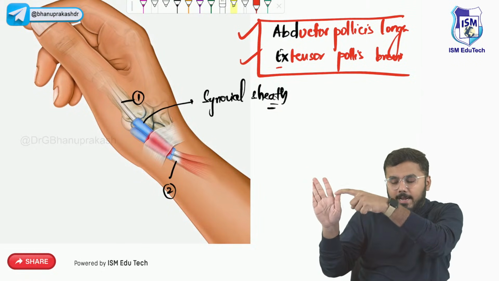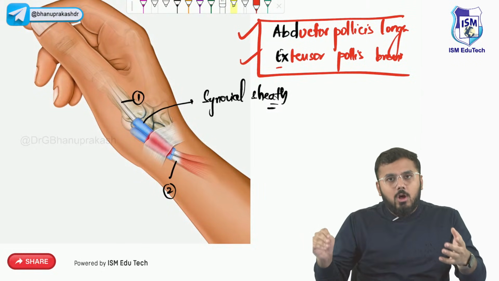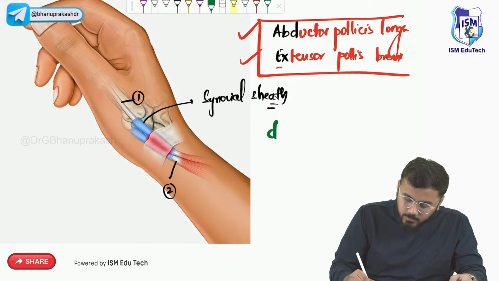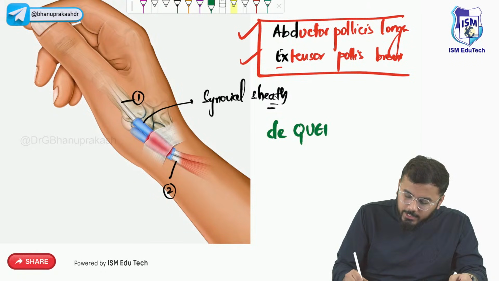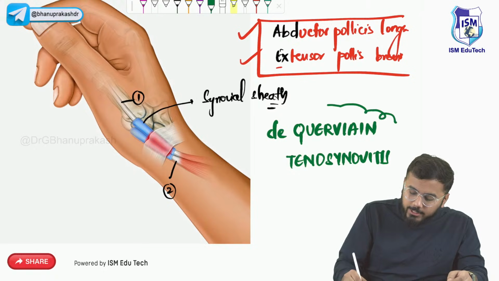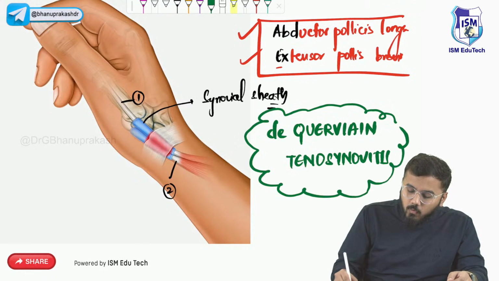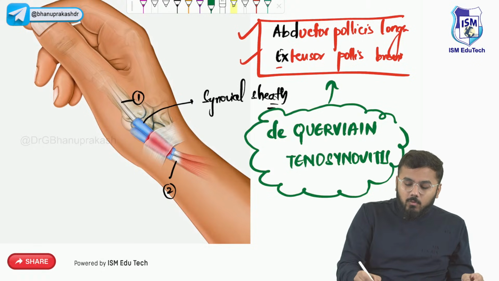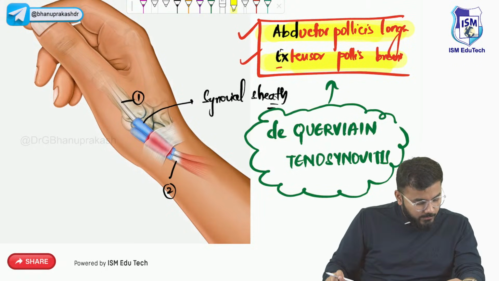Abduction and extension of the thumb is lost, and this condition is called De Quervain tenosynovitis. So this was a question that was asked: in De Quervain tenosynovitis, what are the two tendons involved? Abductor pollicis longus and extensor pollicis brevis.